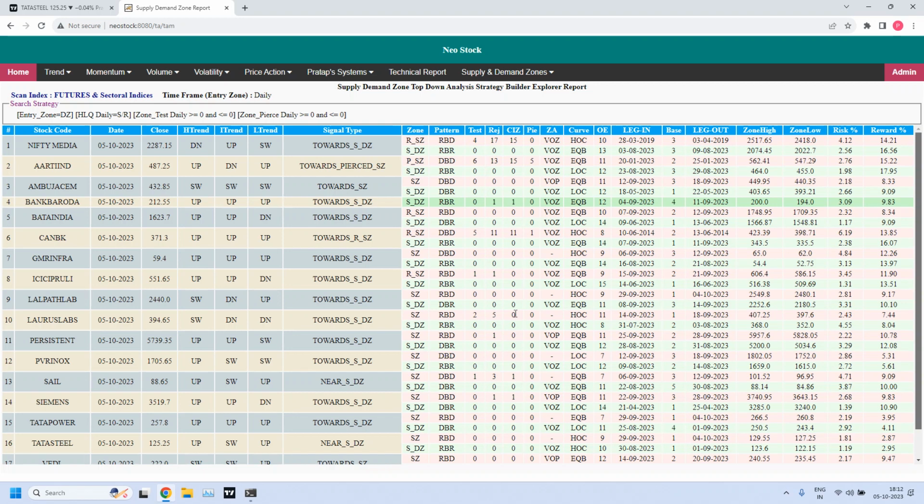That means inside the daily demand zone, you need to identify a 75 minutes demand zone, that is zone confluence. And that 75 minutes demand zone should be near the daily demand zone high because it is a fresh zone. If it is not a fresh zone, you take a deep entry.